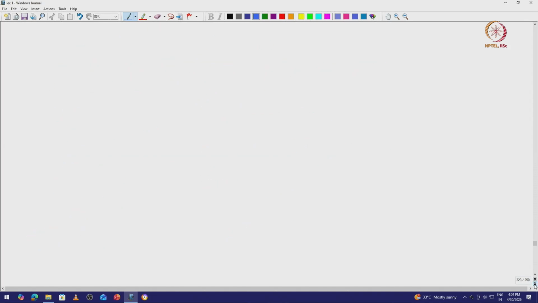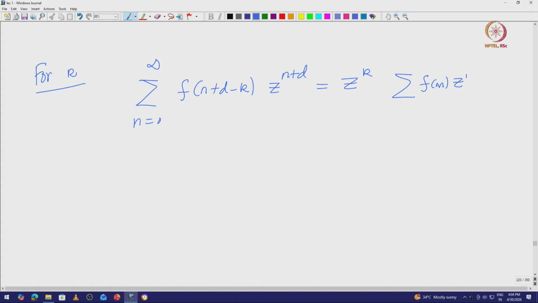So, for general k, what do we get? For general k we get summation f of n plus d minus k z power n plus d, where n is varying from 0 to infinity, will be equal to z power k summation f of m z power m, m varying from d minus k to infinity, which is exactly given by f of z minus, this z power k should come out, minus summation f of j z power j, which will run from 0 to d minus k minus 1.